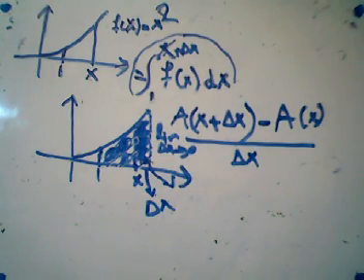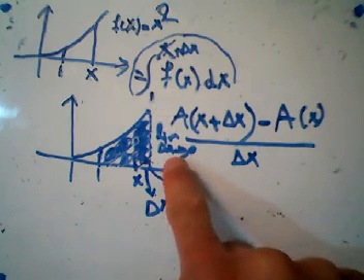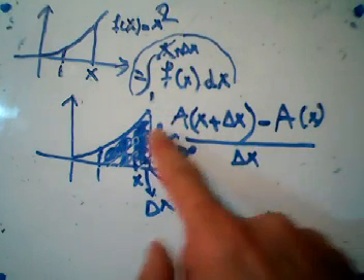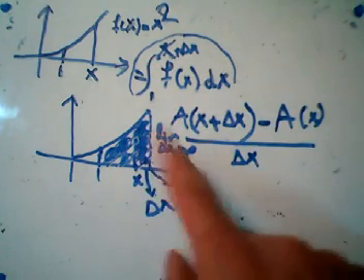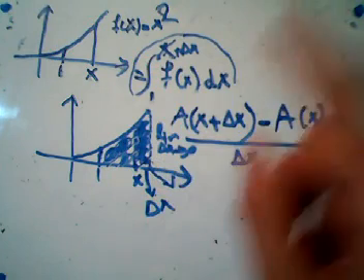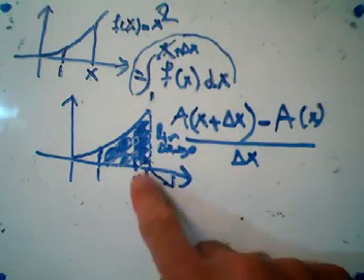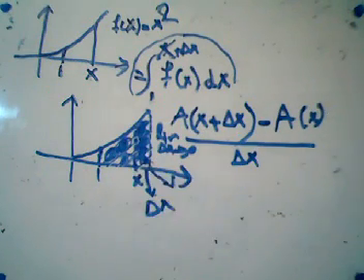You could find that even on Wikipedia. We said as delta x becomes smaller, this area becomes smaller, and finally that would be equal to f of x.